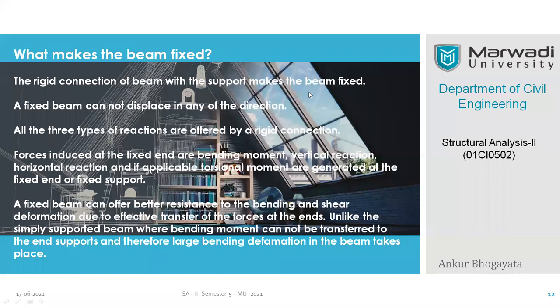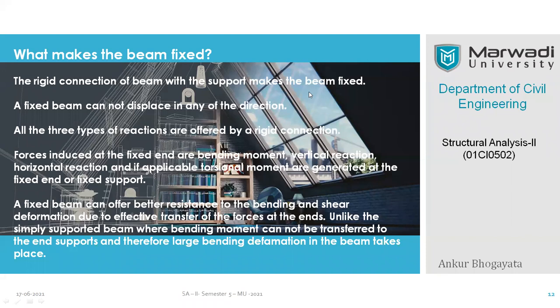Whatever the type of action you apply on the beam, it will definitely get resisted by a fixed support. Whether you induce torsion, bending, shear force, or displacement, even lateral movement, nothing will be possible. Everything is so rigidly held for this particular beam, which makes the structure 100% rigid.